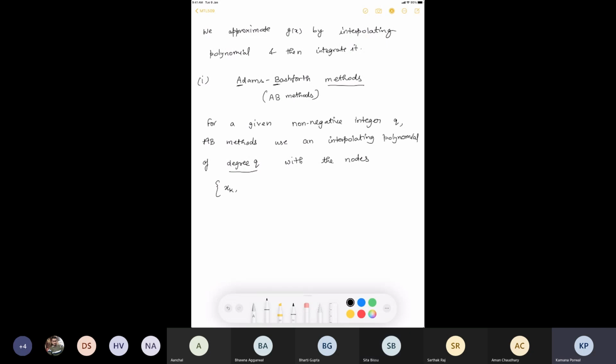So I'm starting with xk and I'll go in the backward direction. I'll take xk minus 1, xk minus 2, up to xk minus q, right? So these are q plus 1 points. You can determine an interpolating polynomial of degree q, use it to approximate g(x), and finally compute the integration of that. Okay, so we use these points.